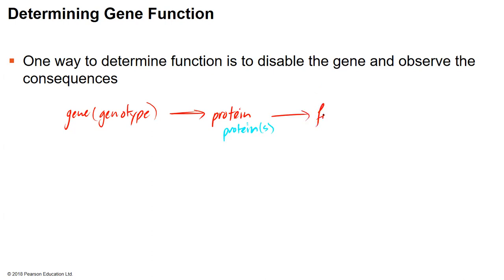Now we have a function, and then we have a phenotype. So this function of this protein will produce a phenotype.